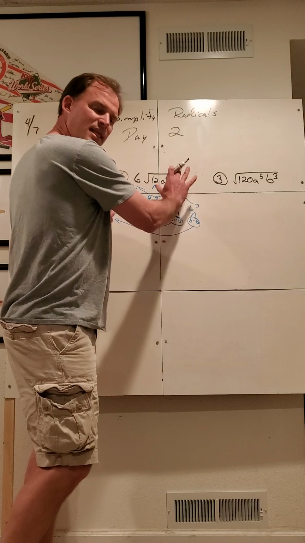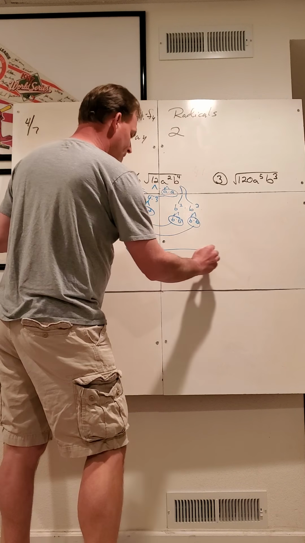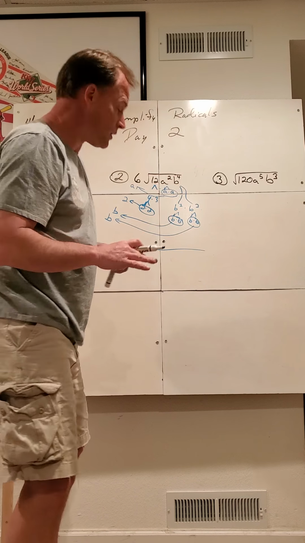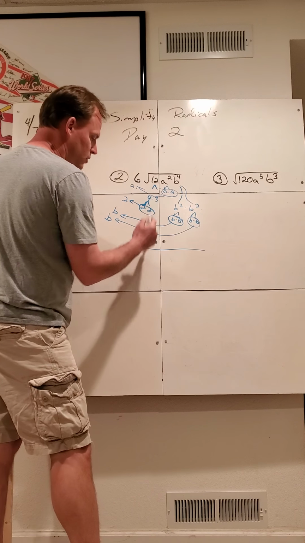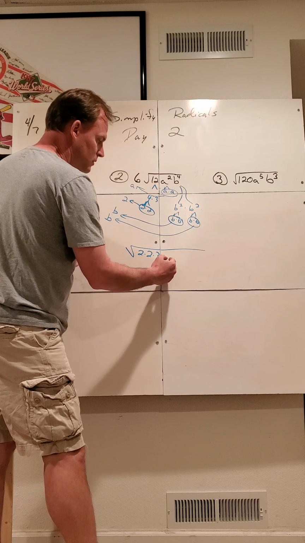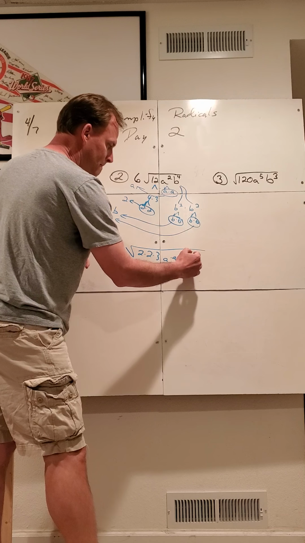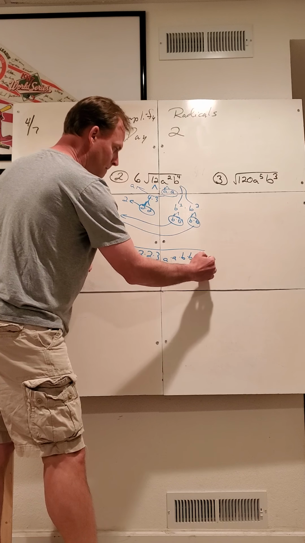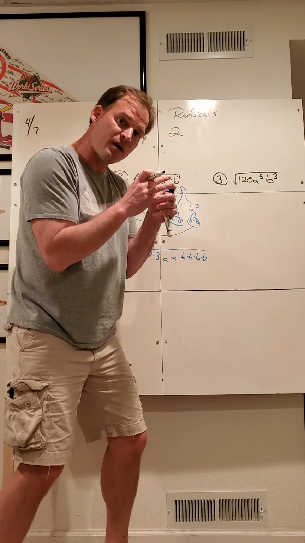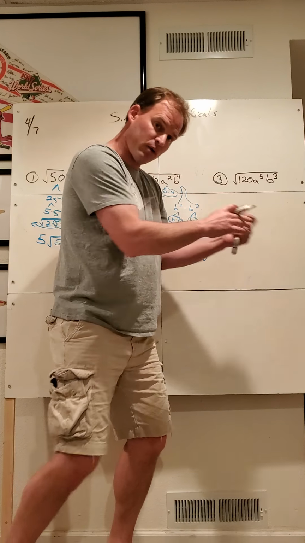So, this is kind of a mess. Let me break it down for you. I'm going to do the same thing, just rewrite it a little bit. I got a 2, a 2, and a 3. I got 2 A's. I got 4 B's. Pairs of numbers or variables pair together and get out of the radical.